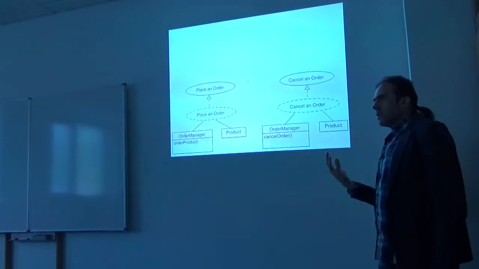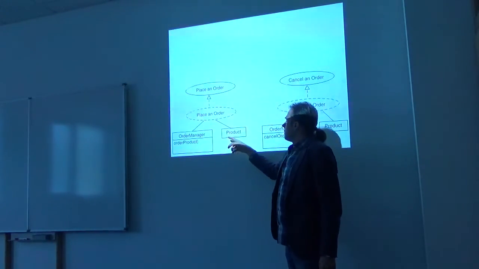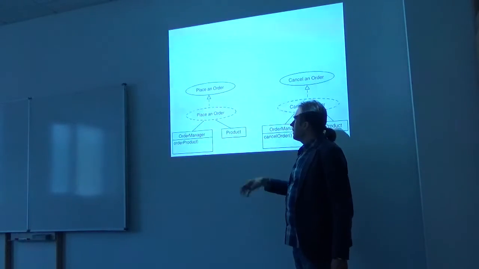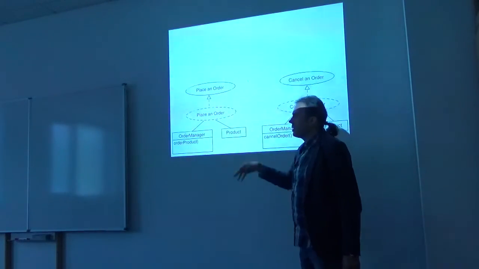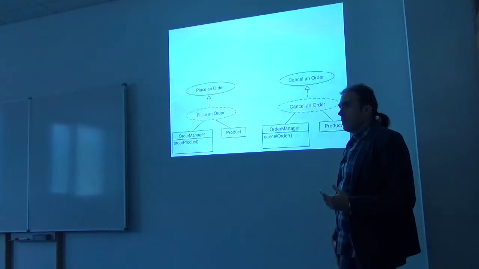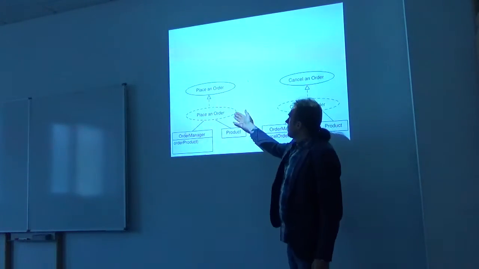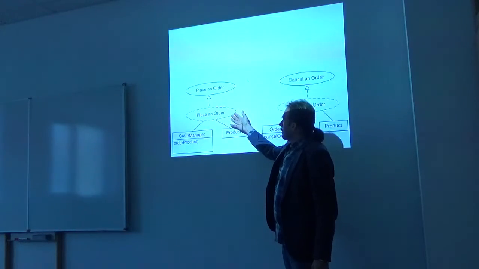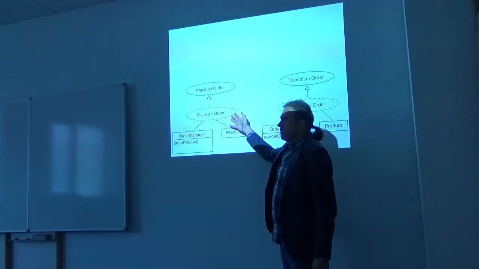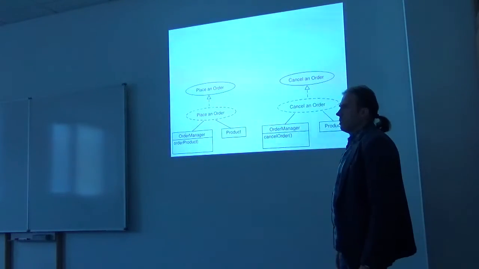And in this sequence diagram, these classes that are hanging on this collaboration will be interacting. And this sequence diagram or this collaboration is actually a realization of this use case.